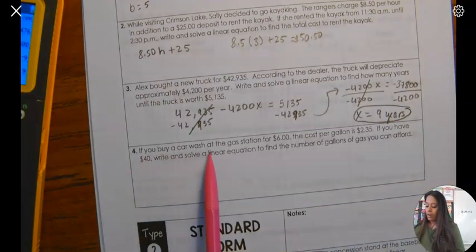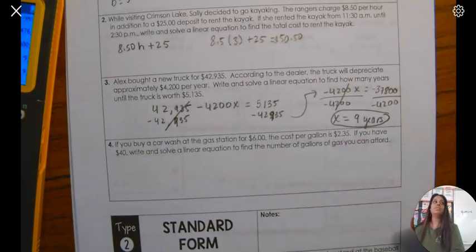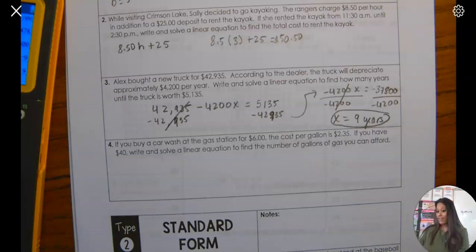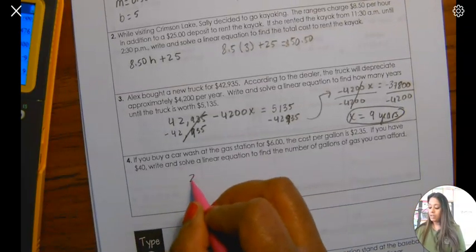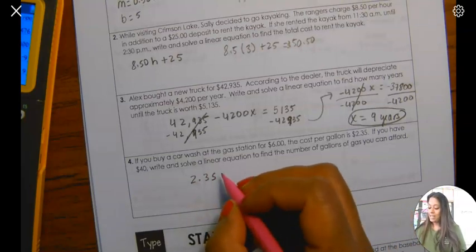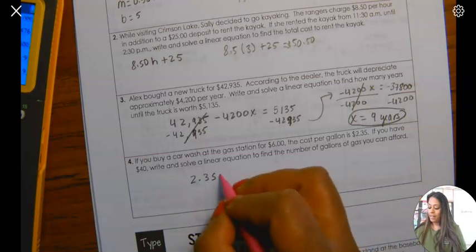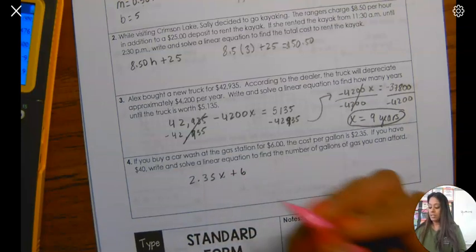Last example, quickly. If you buy a car wash at the gas station for $6, the cost per gallon is $2.35 per gallon, right? If you can afford $40, let's see how many gallons of gas I can put in here. So it looks like my cost is going to be $2.35 times the gallons of gas. I'll just use X. Plus, I want to get a car wash, so that's plus $6.